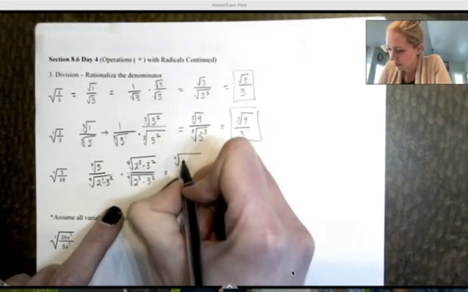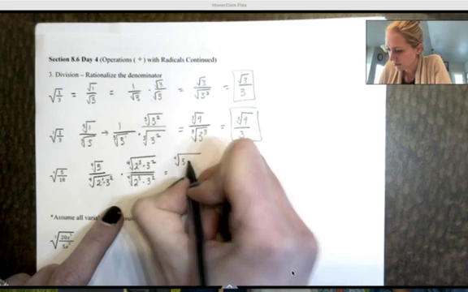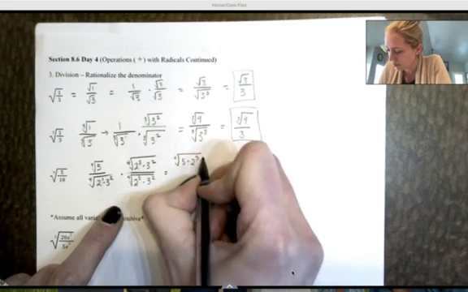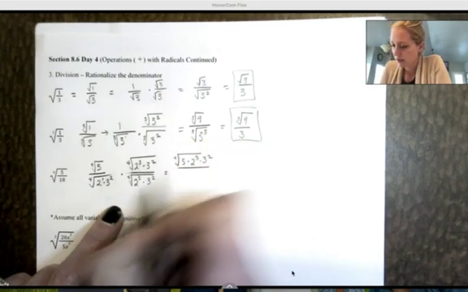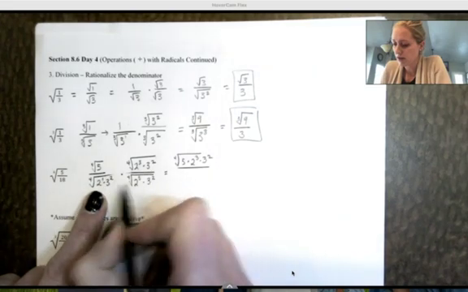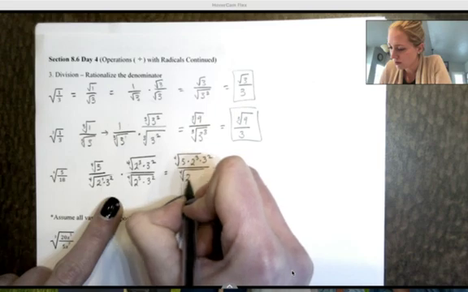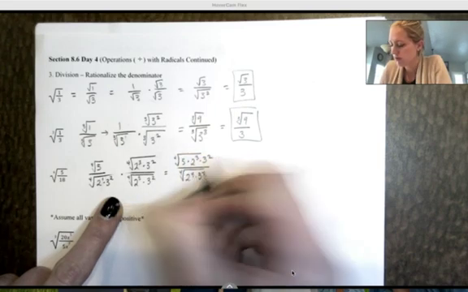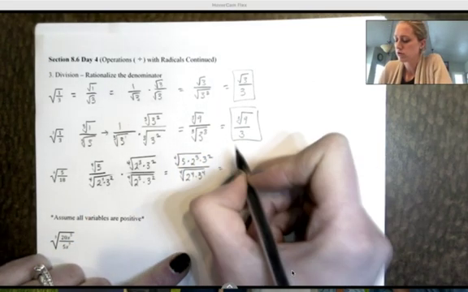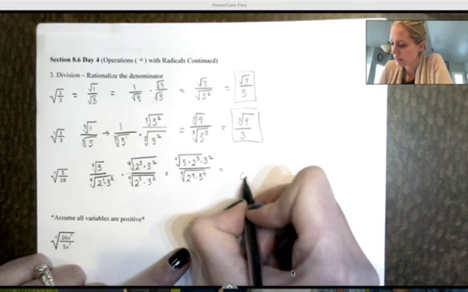So I've got 5 times 2 cubed times 3 squared. And then on the bottom, I'm going to get the fourth root of 2 to the fourth times 3 to the fourth, which is just 2 times 3 on the bottom, which is 6.